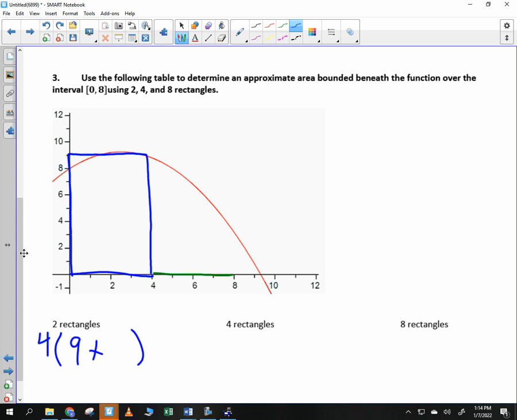About 9, sure. And if you came up with something a little bit different, that's fine. If you came up with 2, you're wrong. If you came up with 12, you're wrong. It never goes up to 12. So there are things I can look at on your test to say, are they being reasonable or not? Where do I evaluate the next height? At 8. And what do you estimate the height to be at 8?